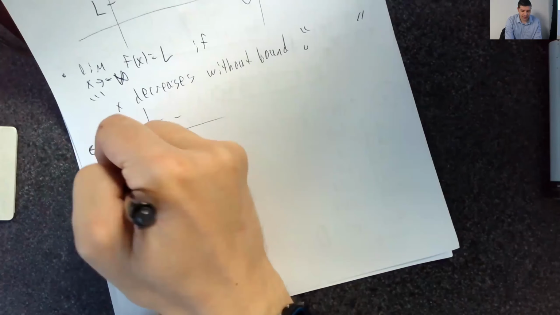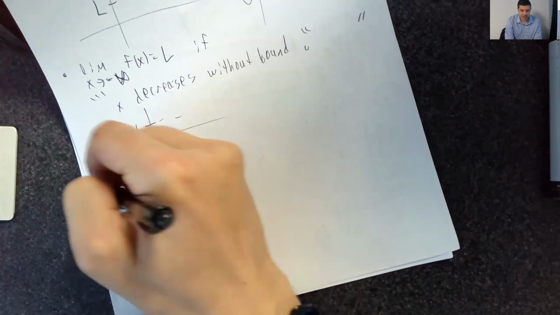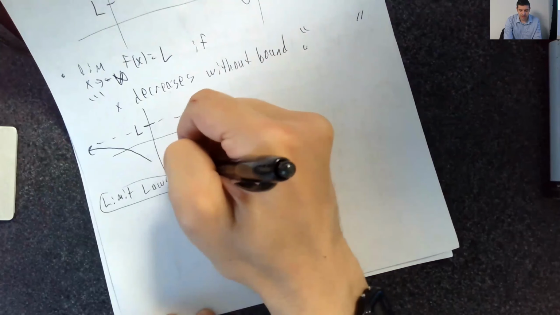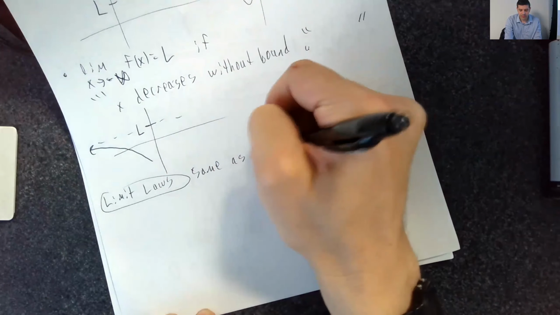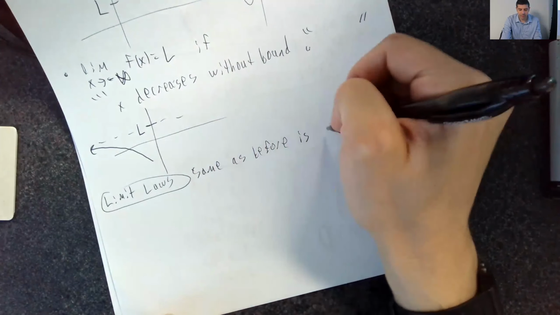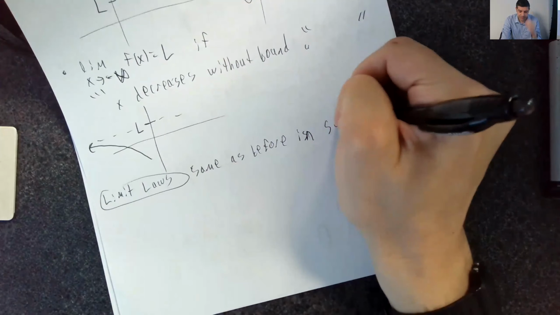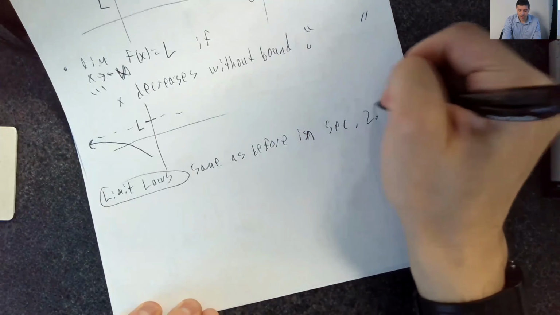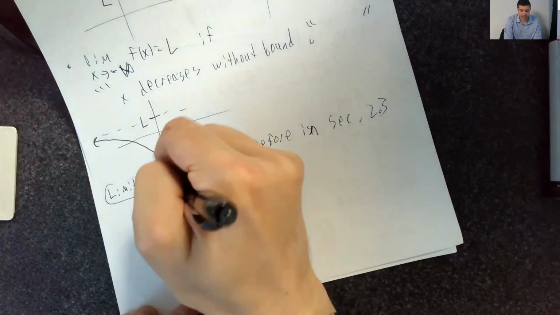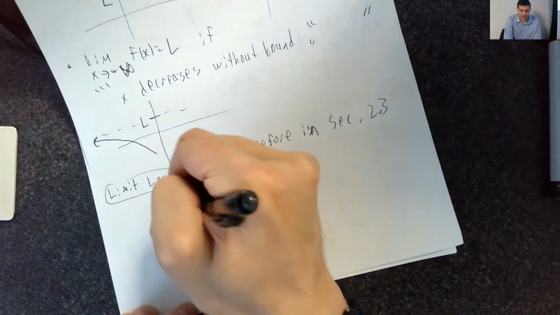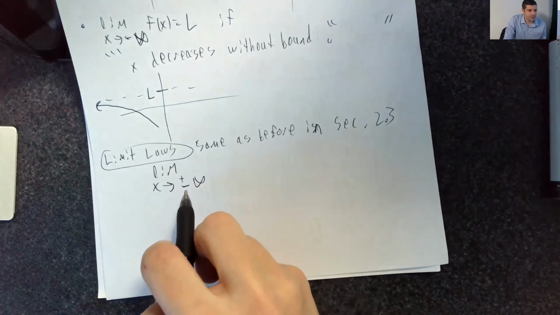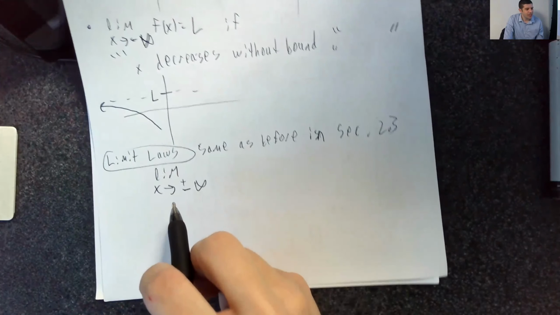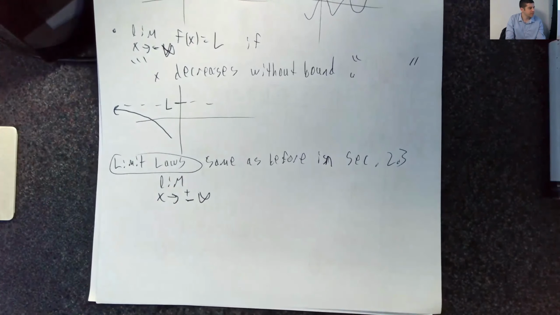Limit laws, they're all the same as before. Or it's the same ones that you had in section 2.3. So if you do the limit as x goes to plus or minus infinity, when I write plus or minus, it's just saving myself writing. It just means either or, right?